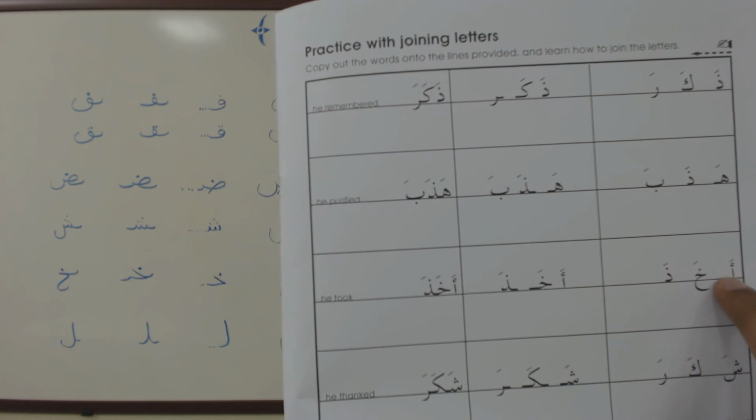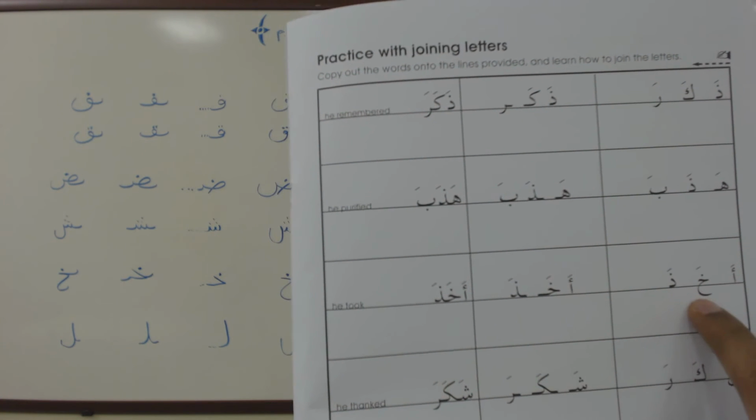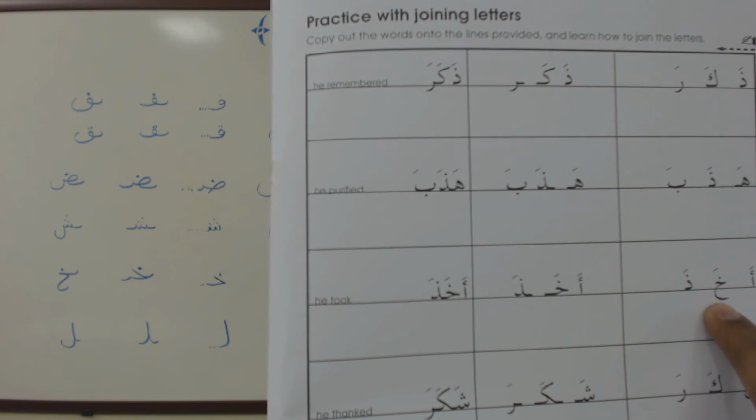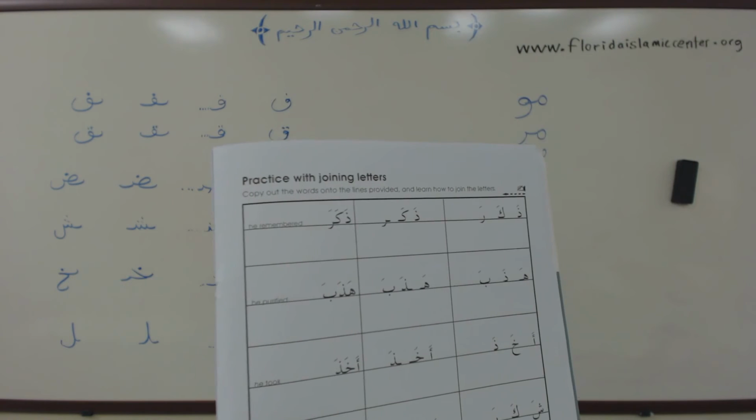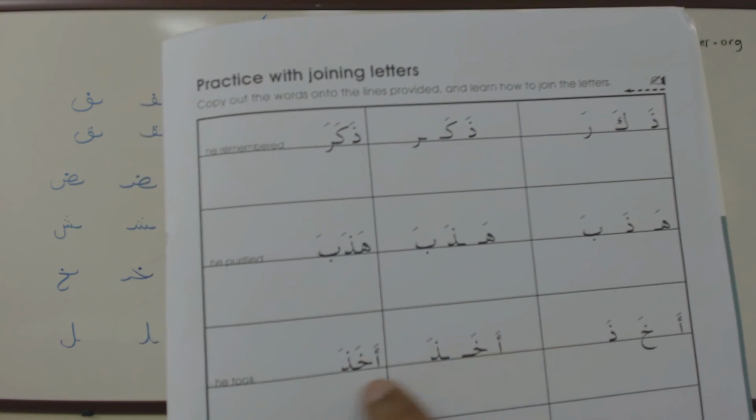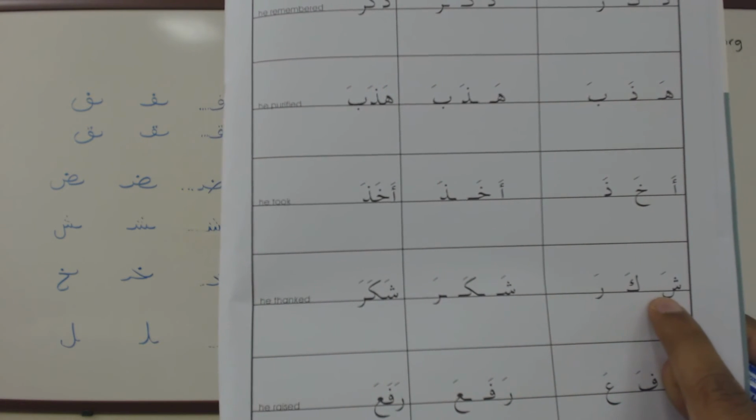Akhadha. Any round letters? Kha is a round letter. Akhadha, to take. Next. Shakara. Shakara means to be thankful.